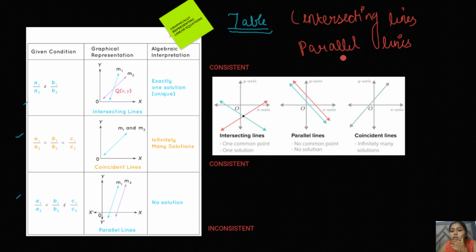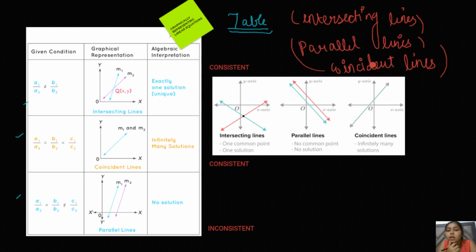In this chapter we will learn another type of line, the coincident lines. If you don't know about intersecting or parallel lines, you can go through our website and look at the class 9 session, where there is a very brief explanation of these lines.